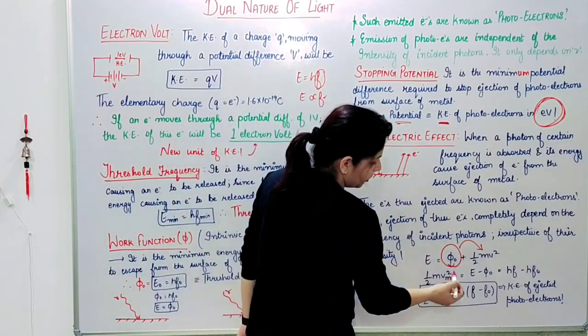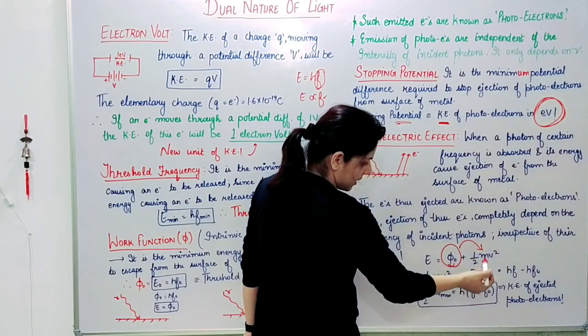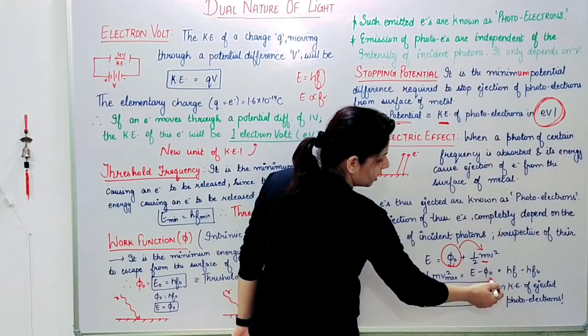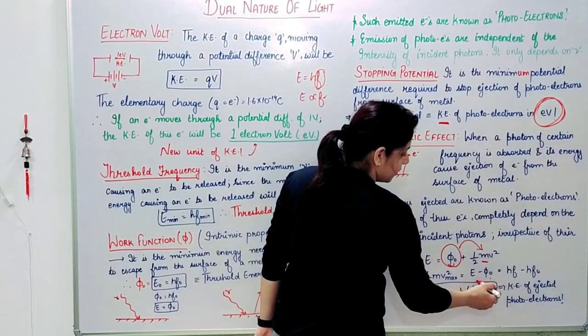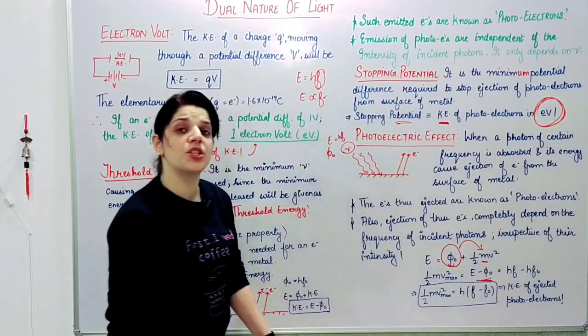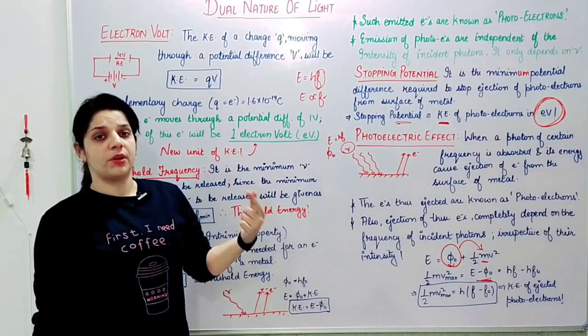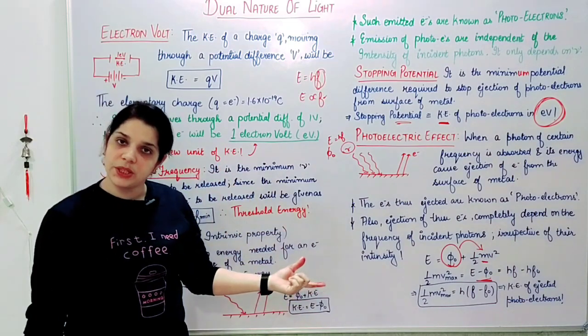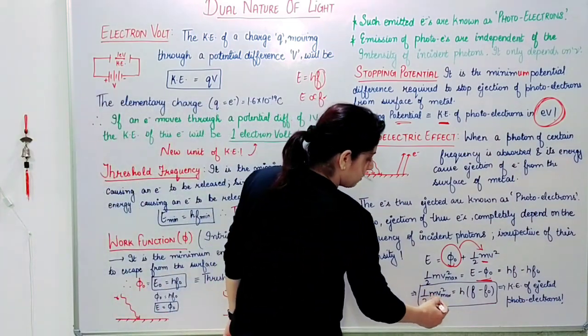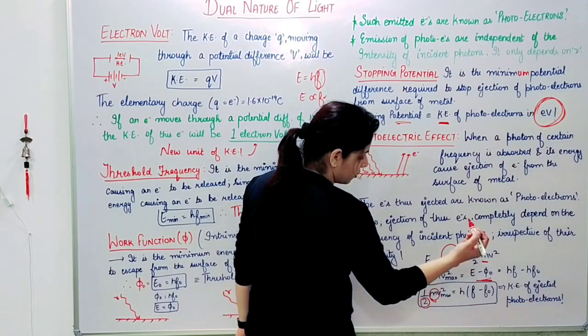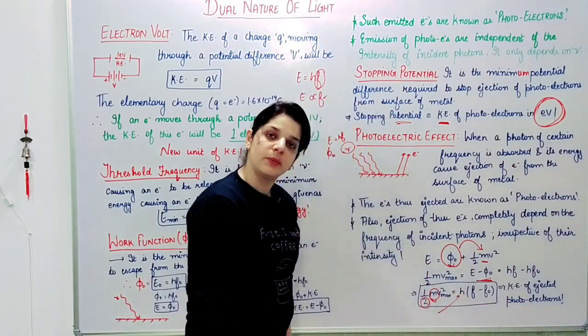So just rearrange: half mv square stays here only, phi naught comes to the other side, and from here you can find the kinetic energy. Also, if someone asks the maximum velocity of these emitted electrons, you know the mass of the electron, half is a constant, it goes and gets multiplied.